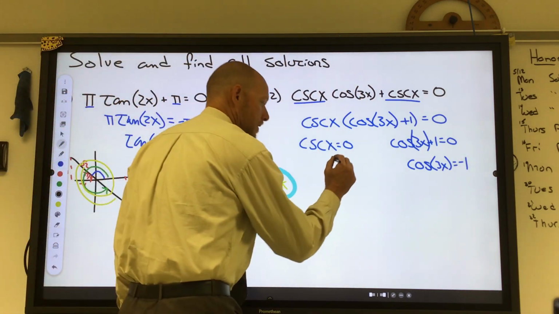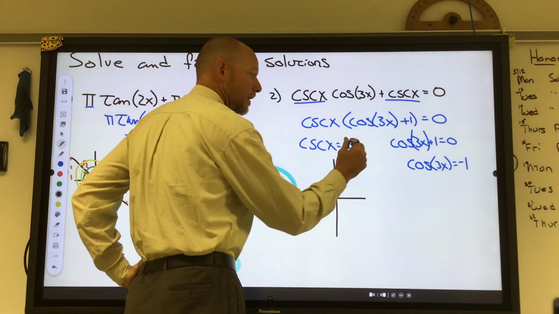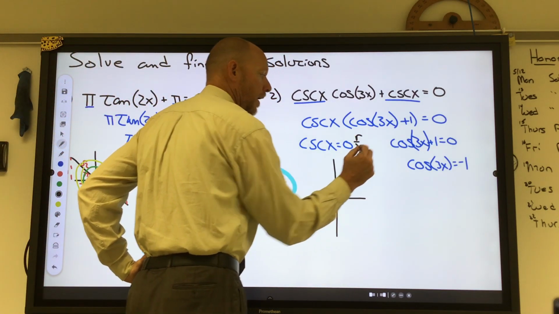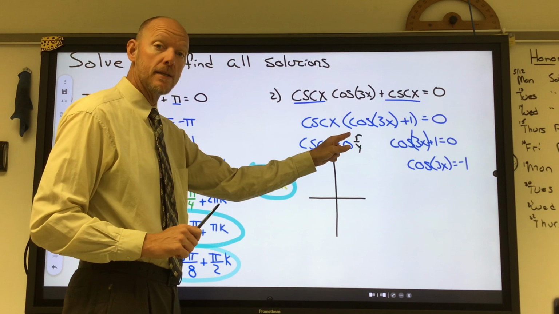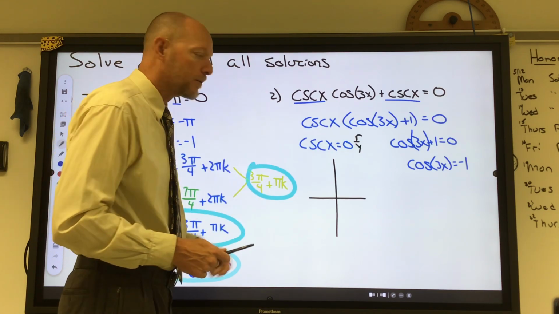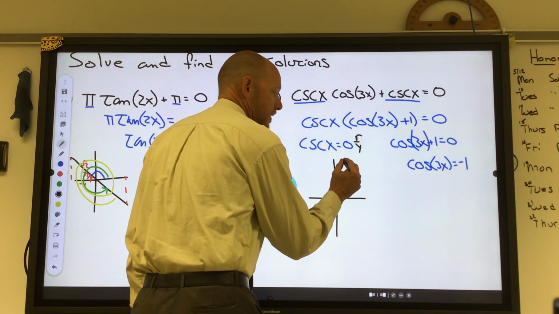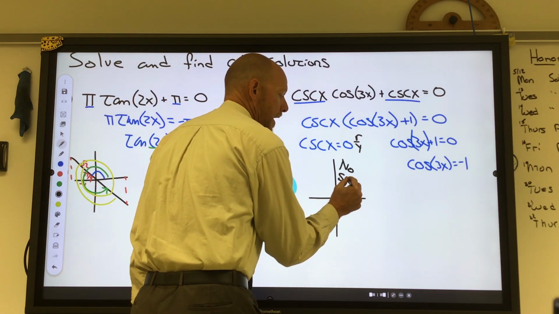Now, in this case, if we go to try to understand what's taking place, cosecant is r over y. So again, the radius is always a measurement. So there's no way r can be equal to 0. So there's no way cosecant can be equal to 0. So this doesn't have any solutions.